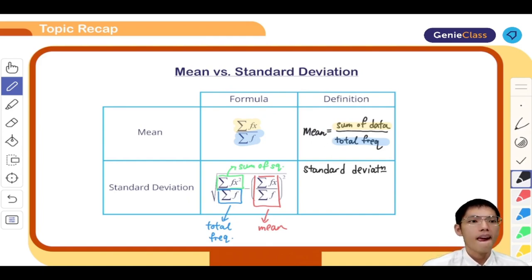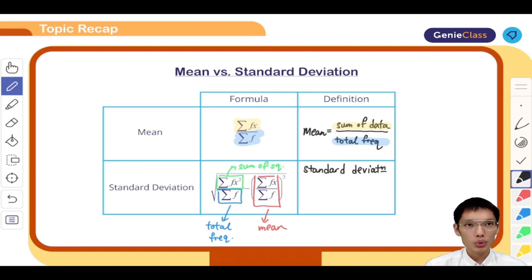What does it mean? Yes, we are minusing the mean, but what are we actually calculating when we minus the mean? What are we doing? What happens if the data is less than the mean? What happens if the data can be more than the mean?